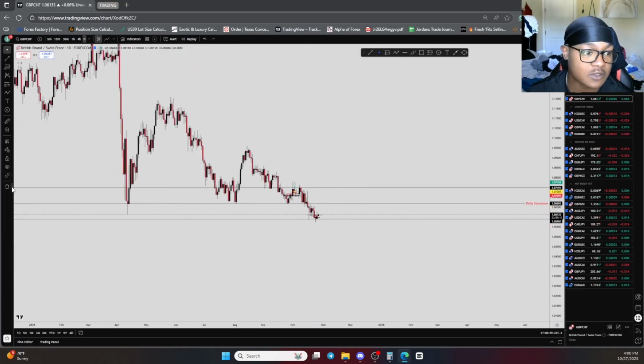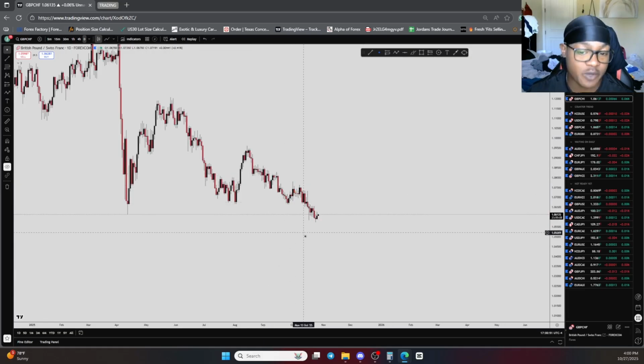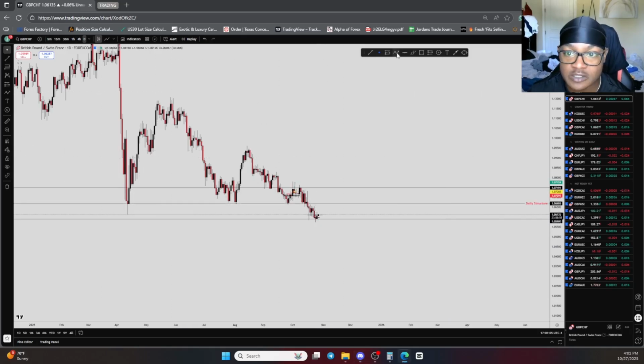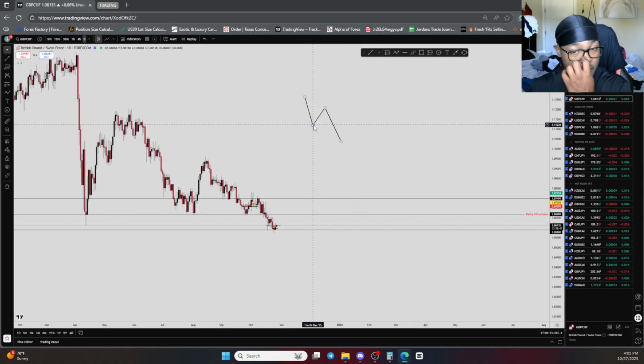So what I was saying was, you can see that price is bearish. Knowing that price is bearish, I'm gonna go to the trading tips so I can just have it. You can see we have our lower high, recent break of structure, and this is a potential lower low. It's not a lower low just yet because price has recently formed this break of structure.